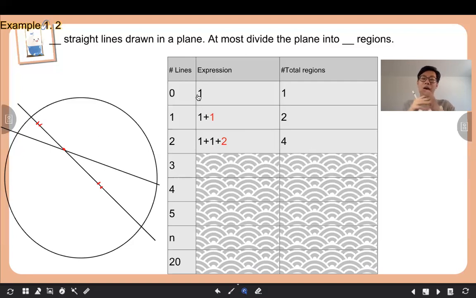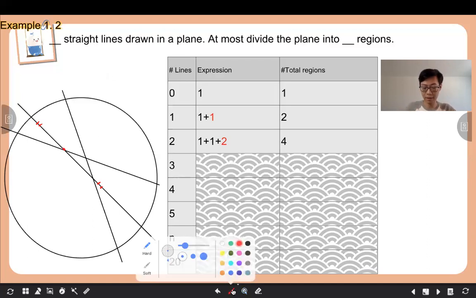Okay then, as we learned before, we have to have those lines intersect with all previous lines so as to get more divisions. So how about we draw the third line? Okay, you can draw it with me and check out if you draw the line correctly. All right, the third line. Right, we should have it intersecting with previous 2 lines. And here I'm going to label our intersection like this.